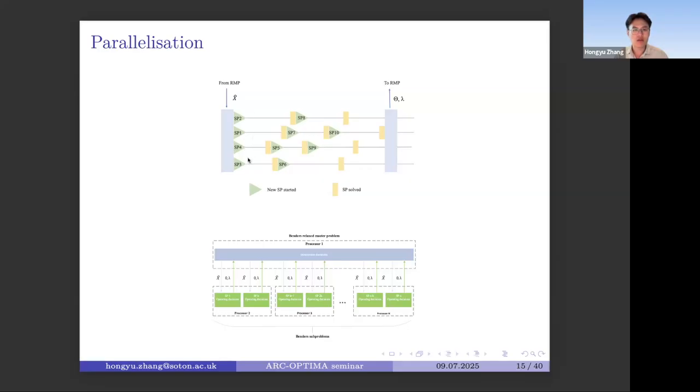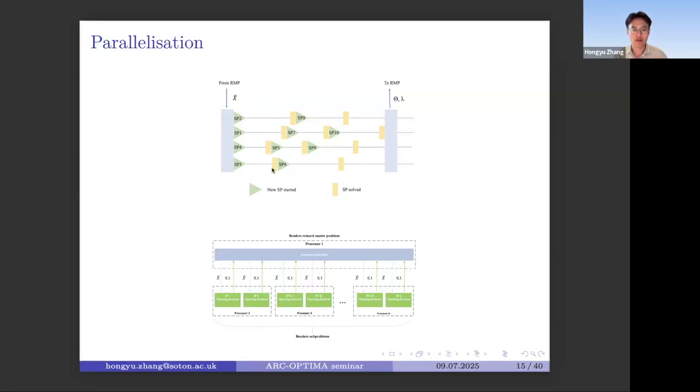Once the reduced master problem proposes a solution vector, the investment decisions x, we then fix them into the different subproblems, and then we will send the subproblems equally across the threads we have.